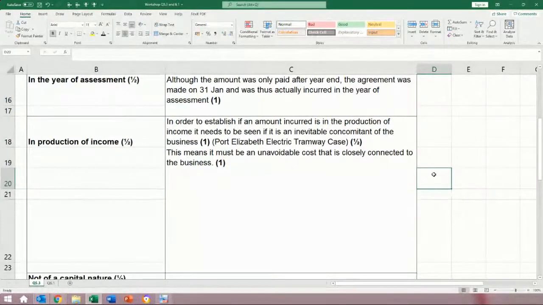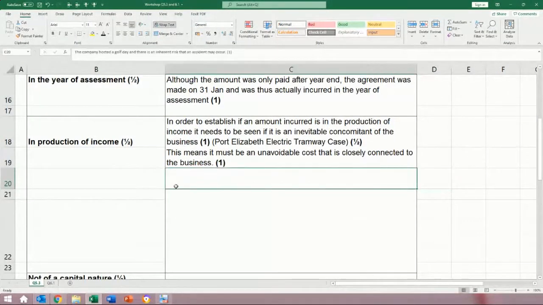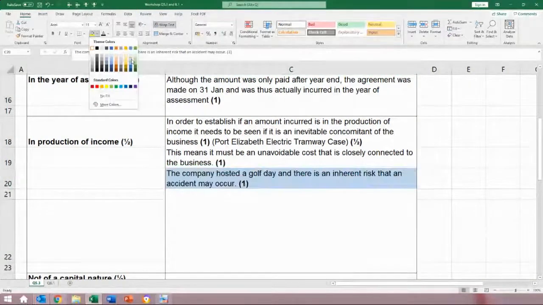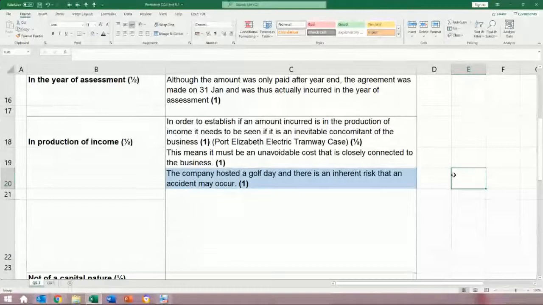Now, this will depend on how you actually motivate it. So let's say you say, okay, fine, as a golf day, there is always a risk that an accident may occur. So as part of your explanation, you think that there's always risk with a golf day just based on the nature of golf and how it works.